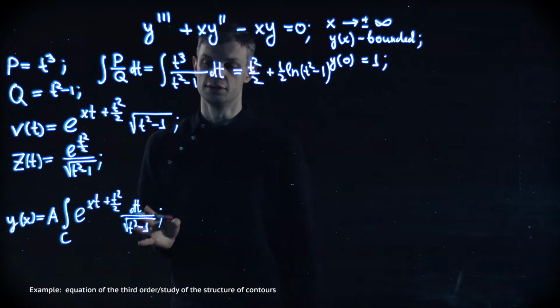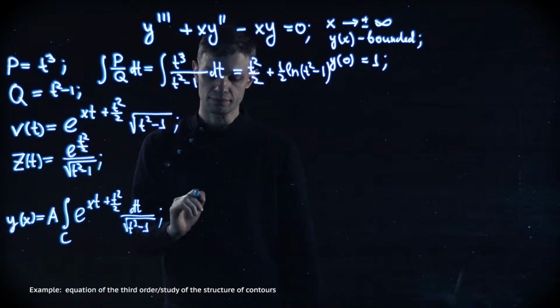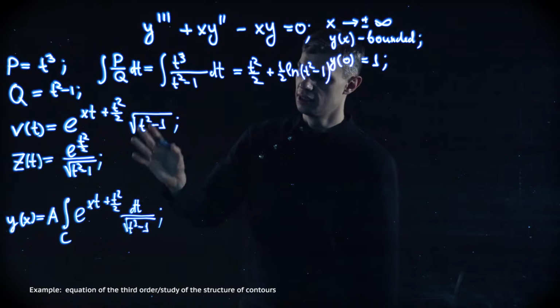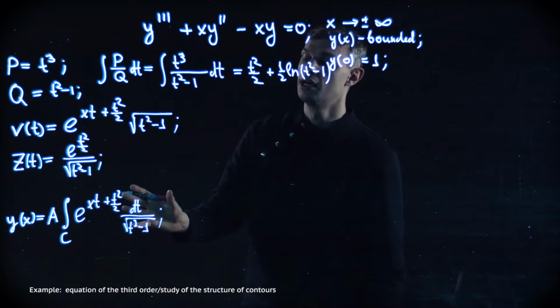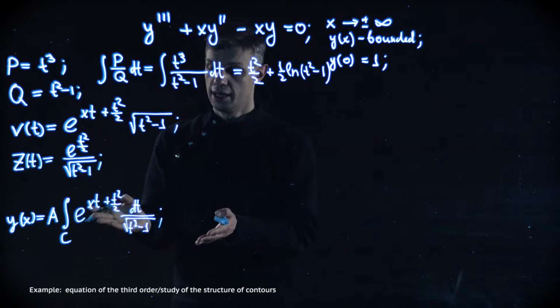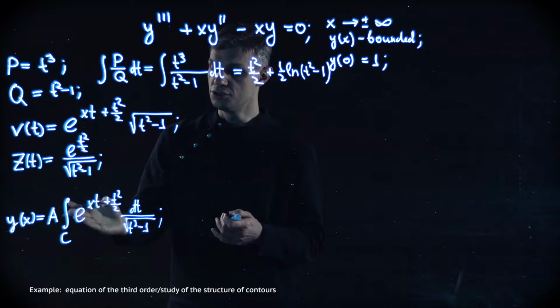So here it is. So half of the whole procedure is done. And now we need to explore the behavior of the solution, namely its asymptotics at positive and negative x. And to this end, we need to choose the contour.